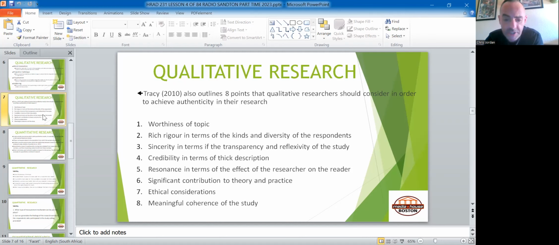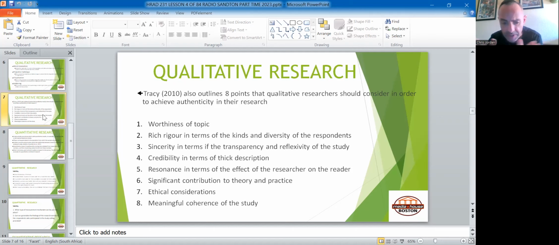Resonance in terms of the effects of the researcher on the reader. So a good rapport, someone that knows what they're doing and commands authority, so that the participant knows the process they're in is legit. I'm not saying it's fake.